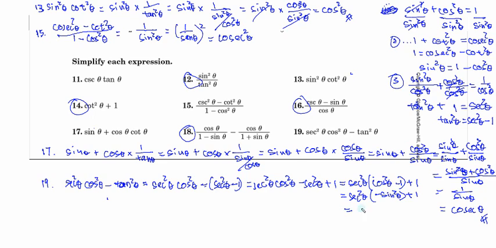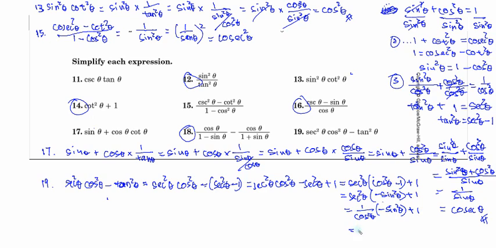Now, this is minus secant square theta times minus sine square theta plus 1. This is actually 1 over cosine square theta times minus sine square theta plus 1.